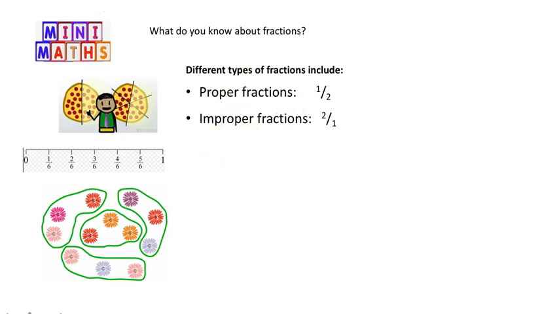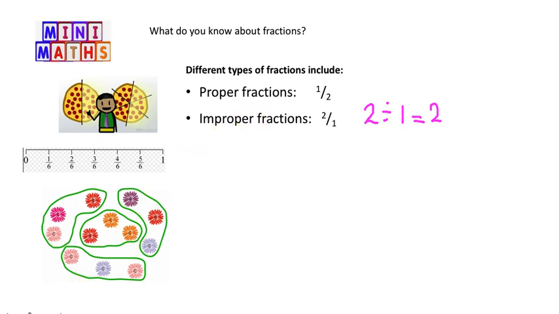Improper fractions are very interesting too, because if we apply the principle that it is a division problem, if you take 2 and you divide it by 1, the answer will be 2. And we call them improper fractions because the bigger number is on top, the smaller number is on the bottom.